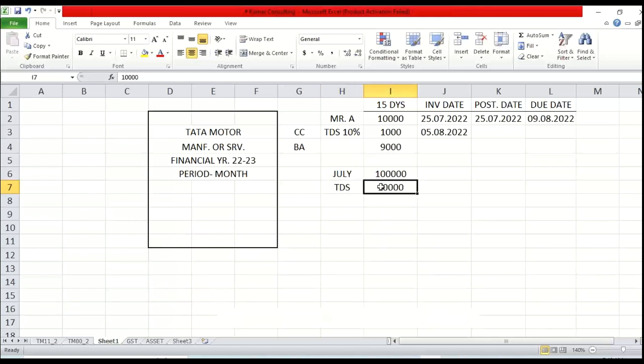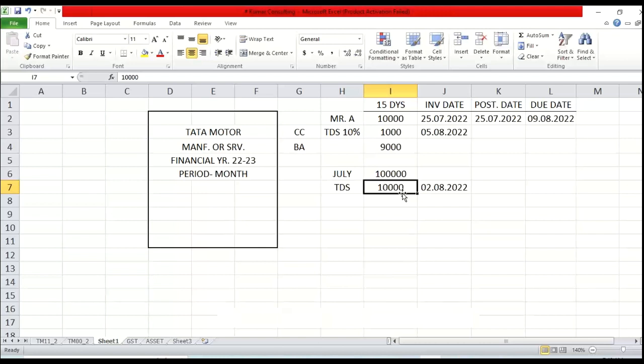So what is happening, guys? Whatever TDS got deducted in a month, on the 2nd of the next month, it is going to be deposited to the tax department, right?